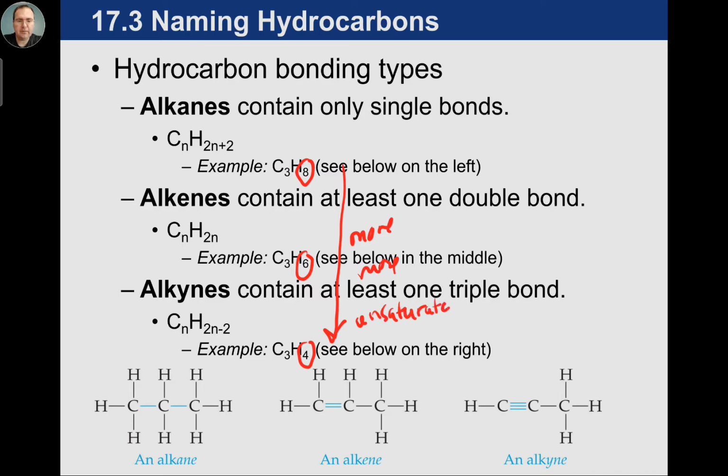And that's the major difference between what we expect to see, because notice we've lost some hydrogens. We've lost hydrogens and now even lost more hydrogens, and that's what makes these family members very different. What's most different about them is their last 3 letters, ane versus ene versus yne, and that's how we name them respectively.